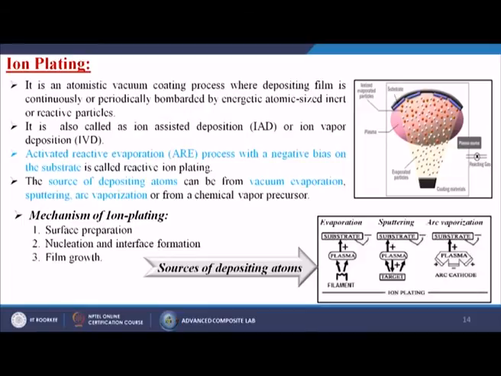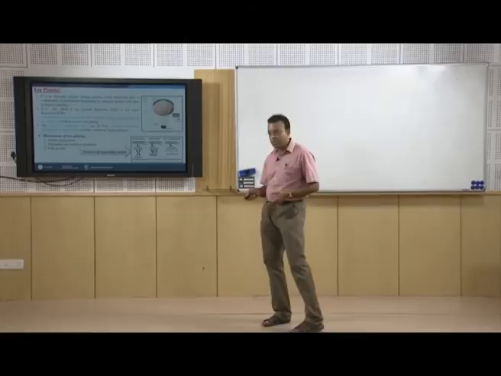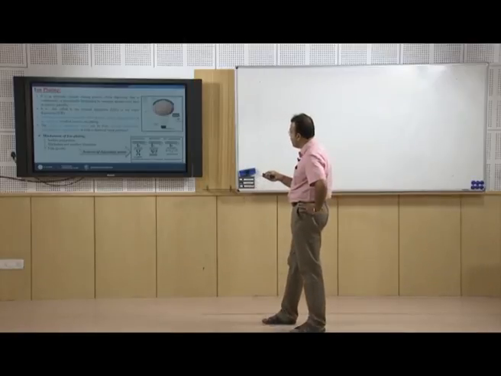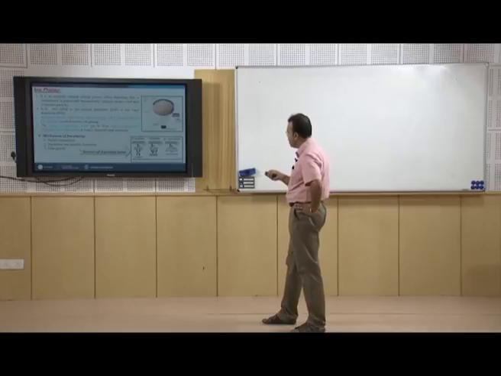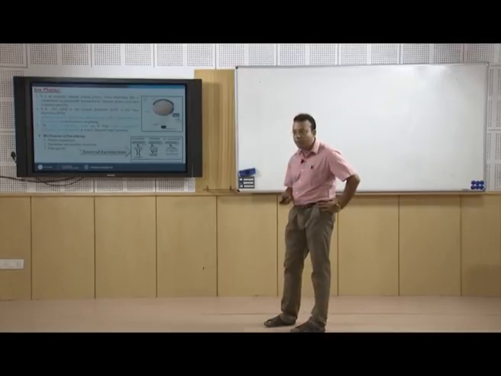And here you directly make a plasma by the arc cathode method, and then that plasma itself deposits onto your substrate material. So, these are all the different techniques of ion plating. First one is called the evaporation technique, then the sputtering technique and the arc vaporization technique.